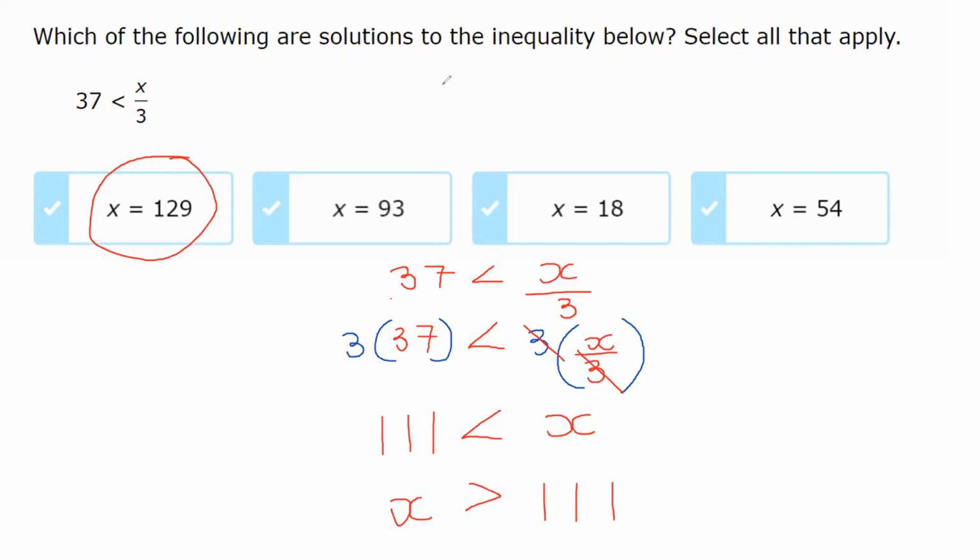Okay, and Paul, can you explain how we got our answer for x is greater than 111?